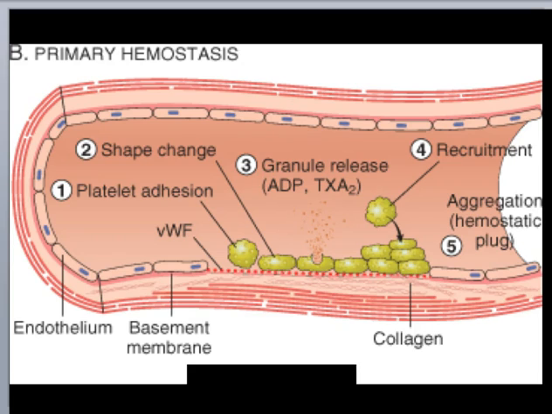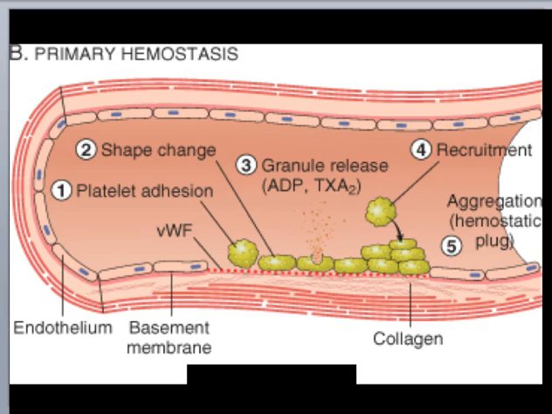The activation of platelets results in a dramatic shape change from small rounded discs to flat plates with spiky protrusions that markedly increase the surface area and enable them to more effectively be joined together. There's also the release of secretory granules, and these include ADP and thromboxane A2, which are stored within the platelet and only released upon activation.